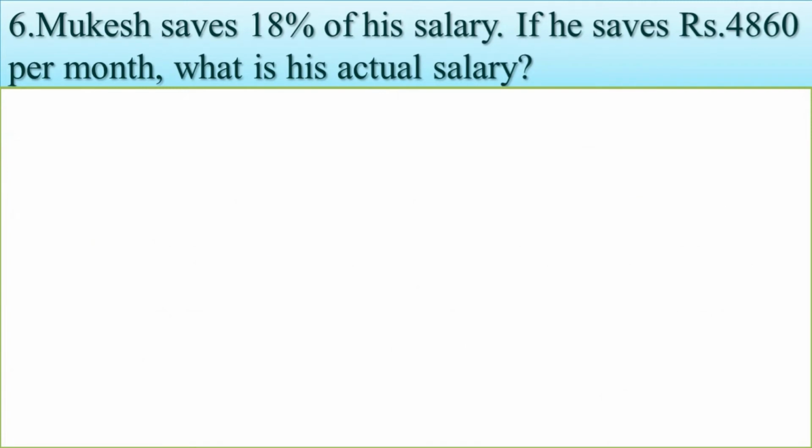Mukesh saves 18% of his salary. If he saves rupees 4,860 per month, what is his actual salary? In the question they have given that the savings percentage is 18 and the amount for 18% is 4,860. We have to find Mukesh's salary for a month.